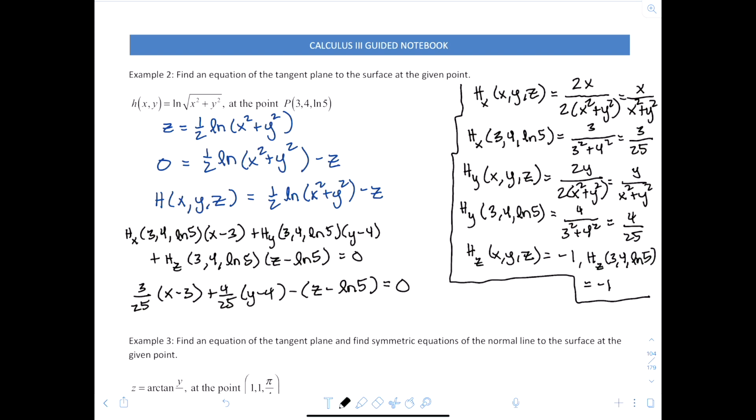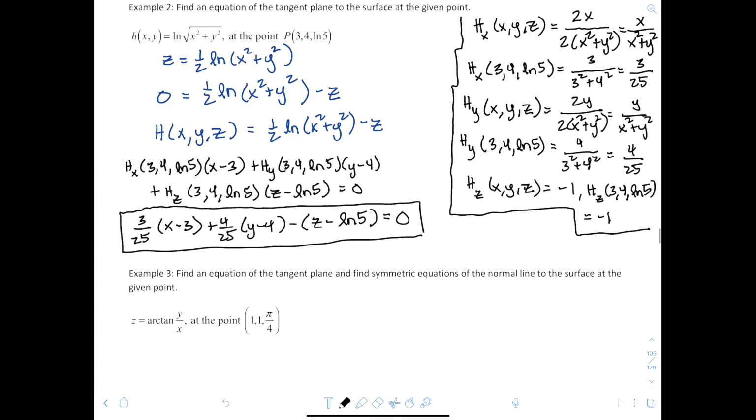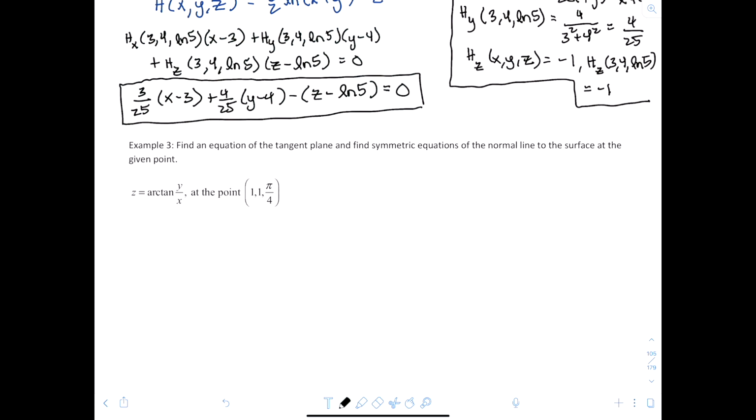Okay, so this format would give us the standard form, and if you want, you could put that in the general form by getting the x, y, and z terms on one side, but we don't need to do that.